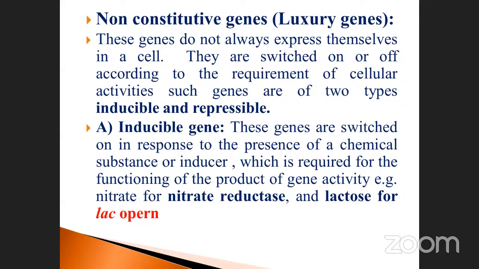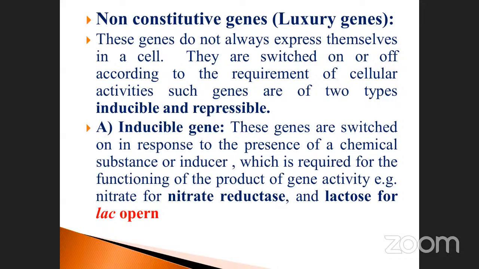The first one is called inducible genes. These genes are switched on in response to the presence of chemical substances or an inducer, so that's why they are called inducible genes. Take an example: a particular reaction has happened.